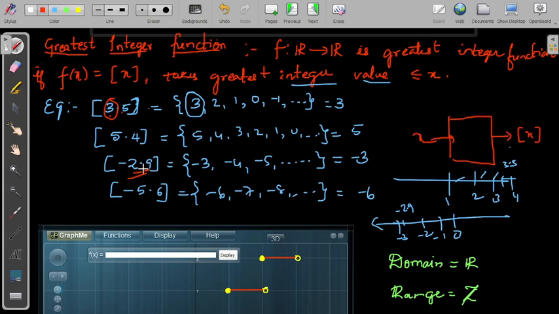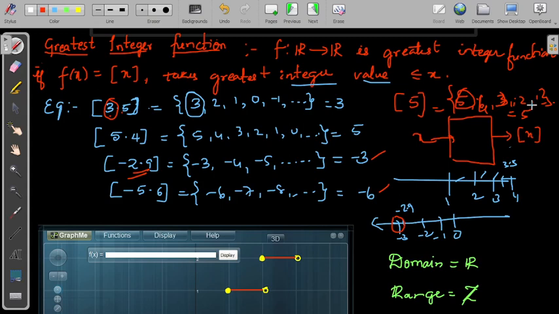To the left of minus 2.9, minus 3 comes. To the left of minus 5.6, minus 6 comes. If the given real number is directly an integer, like 5, then the greatest among 5, 4, 3, 2, 1 and so on is 5. If the given real number is an integer, the answer is itself.